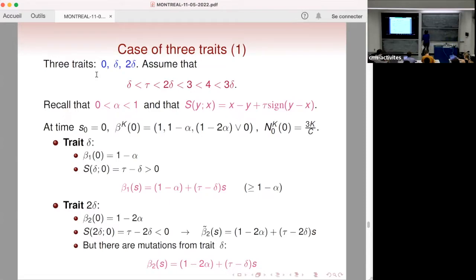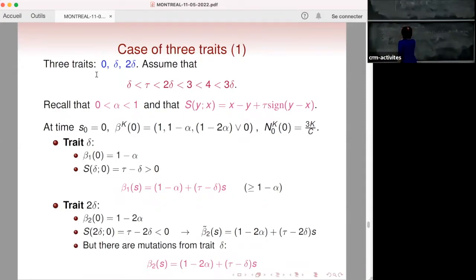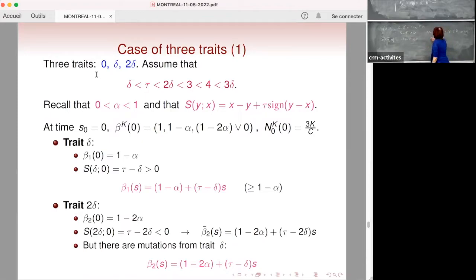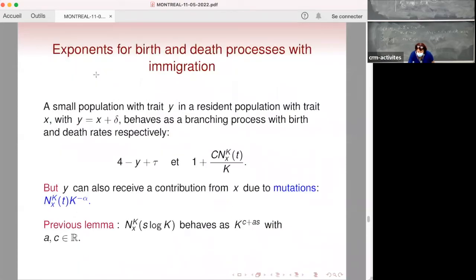Now, if you want to compute the fitness of 2 delta in this resident population 0, you have in exactly the same way minus 2 delta plus tau, and here it's negative. So you have the potential candidate for the equation for the limiting exponent, if we forget the immigration.